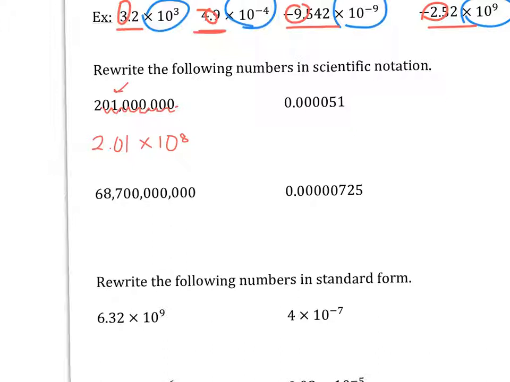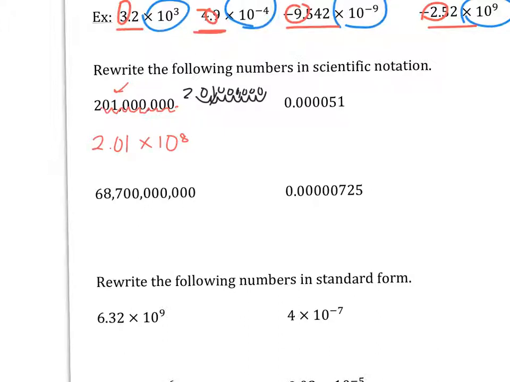So we just wrote this big number, 201 million, as a smaller term, 2.01 times 10 to the 8th. If we take 2.01 and move the decimal over 8 places to the right, 1, 2, 3, 4, 5, 6, 7, 8, and fill these place values with zeros, we would in fact get back to our 201 million.